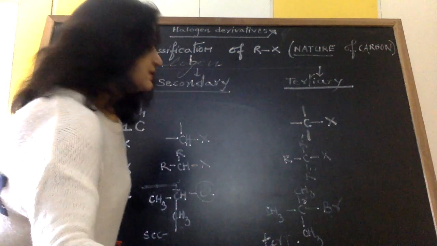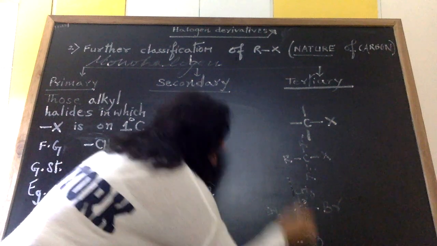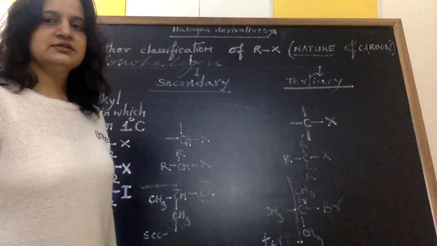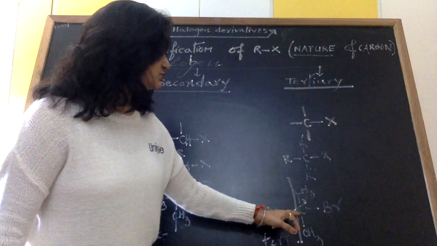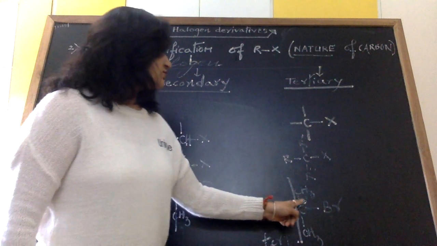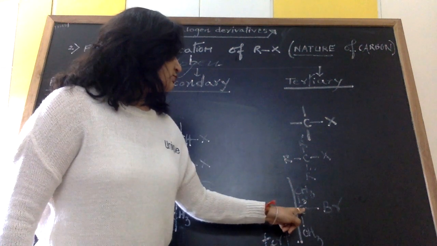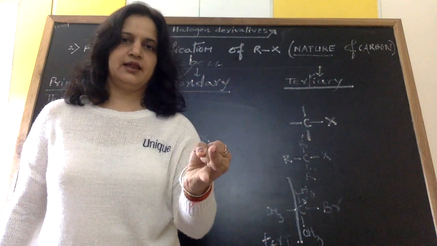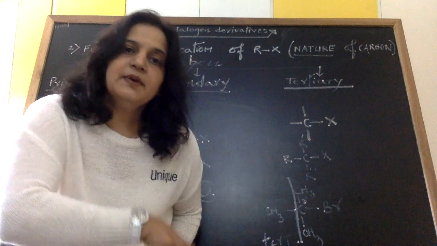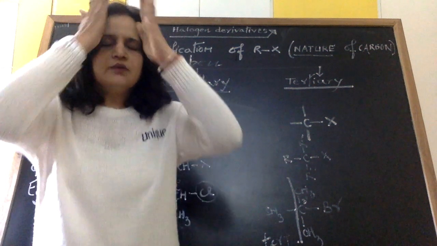IUPAC name. This is the long chain: 1, 2, 3. So the name becomes 2-bromo, 2-methyl prefixes. Now the doubt is whether to write bromo first or methyl first.